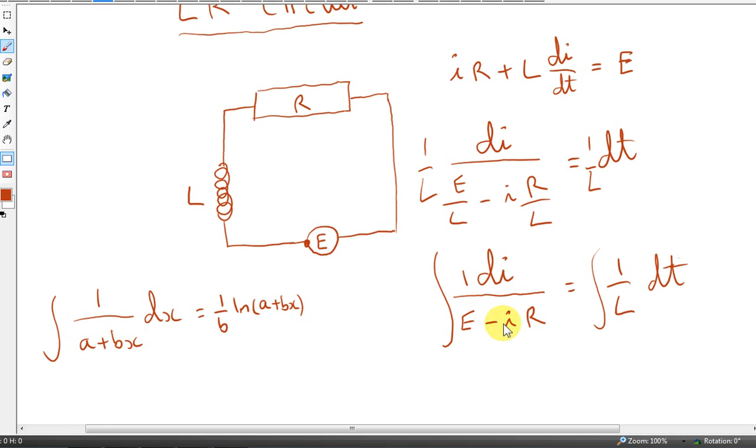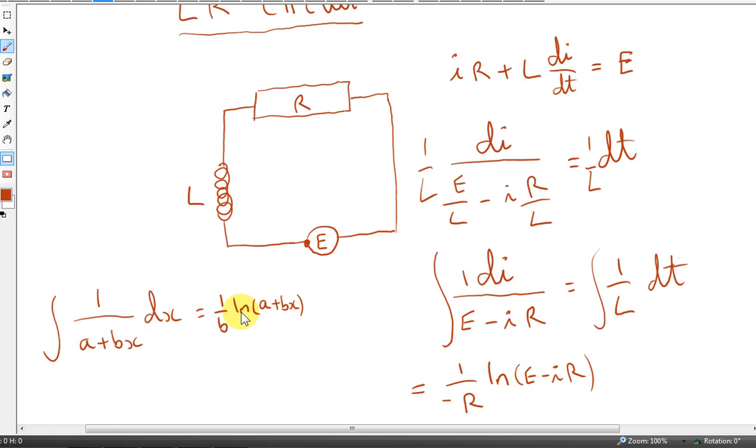So it's 1 over E plus the constant is minus R, and the variable is I. Well, it's the dependent variable actually, I. So it's 1 over b, where b is the coefficient of I, so it's 1 over minus R times ln of this denominator, E minus IR. So that's a standard result. You can check that by differentiation.